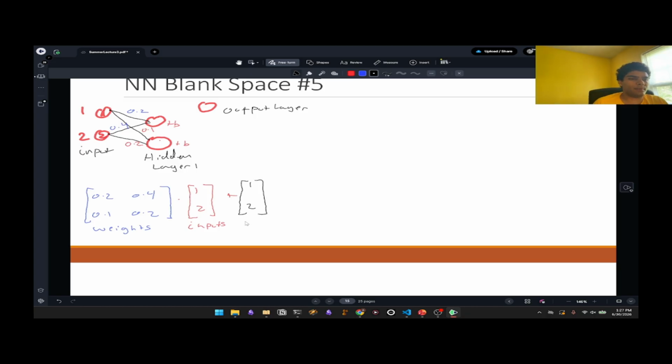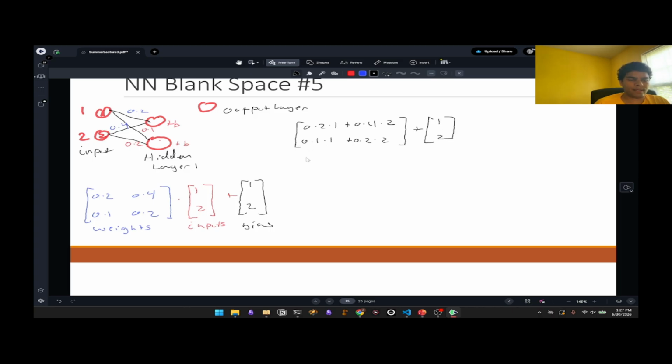Let's do this computation. So the matrix [0.2, 0.4] multiplied by [1, 2] is going to be 0.2 times 1 plus 0.4 times 2. Then [0.1, 0.2] multiplied by [1, 2] is going to be 0.1 times 1 plus 0.2 times 2. And so that's weights times inputs. Now we have to add our bias factor, which is 1 and 2.